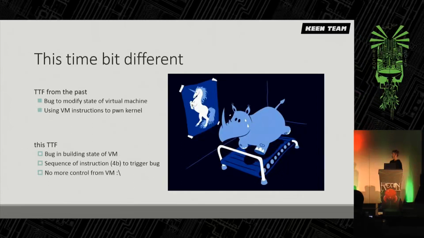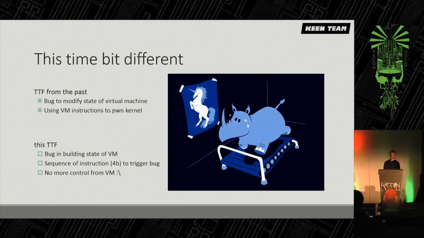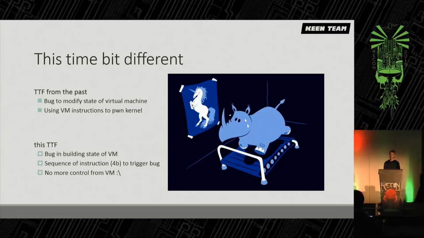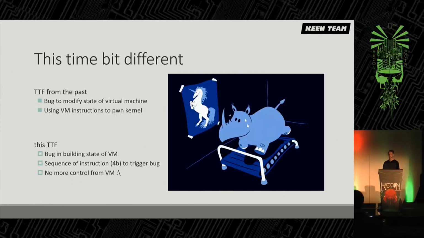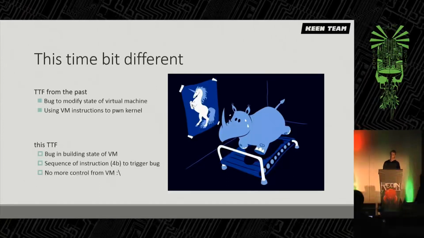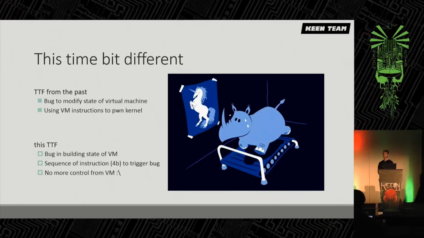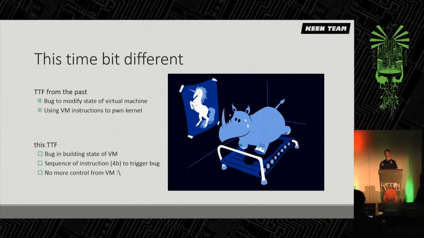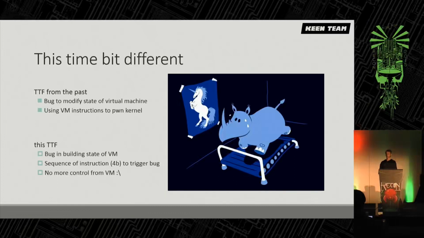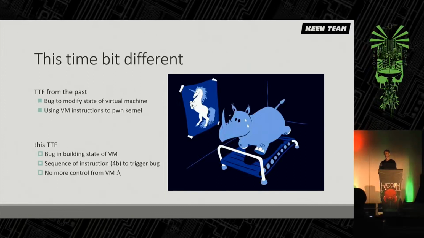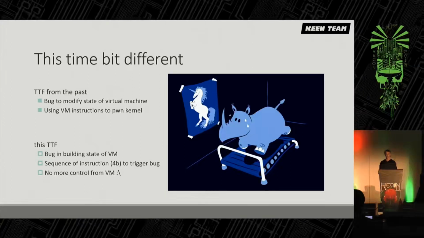The difference between our TTF bugs and public research on TTF was that previous research abused TTF virtual machine instructions to get kernel code execution. In our case, it was a pity that the bug was in building the TTF block, with the state of the virtual machine, and you need, let's say, a few instructions, exactly 4 bytes, to trigger this bug.